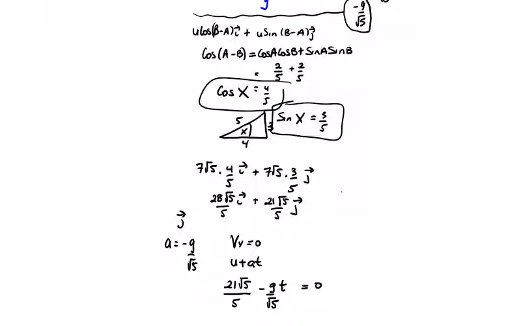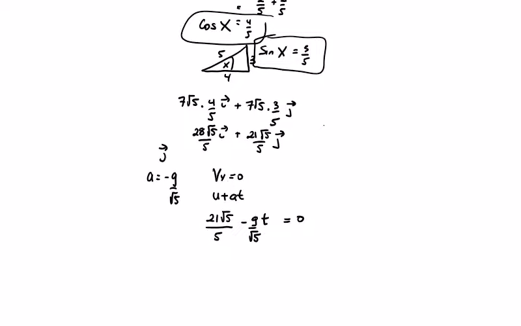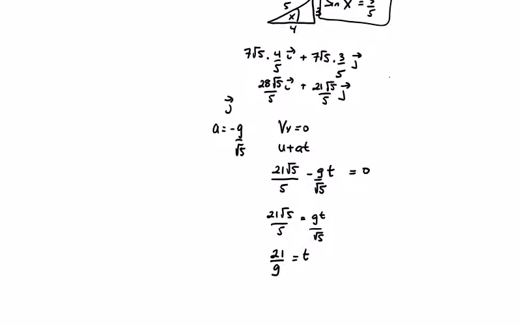So when is the velocity in y equal to 0? 21 root 5 over 5 is equal to gt over root 5. Cross multiplying, we get 21 times 5 divided by 5, so that's going to be 21. Just double check that. Yeah. And then that divided by g is equal to t. So we have 21 over g.